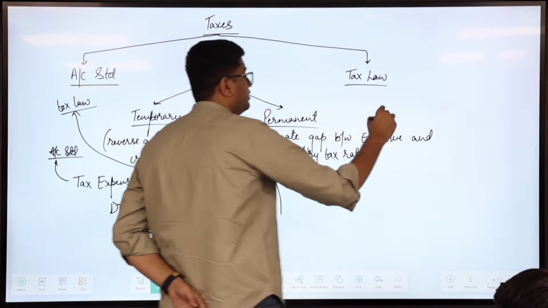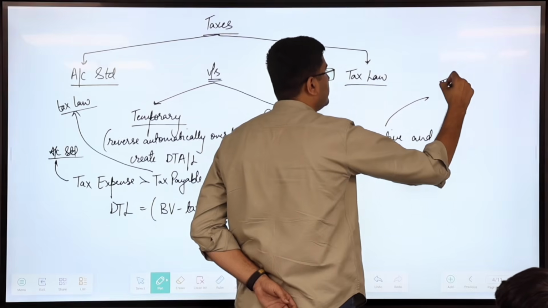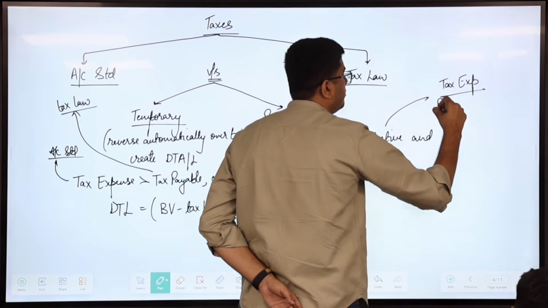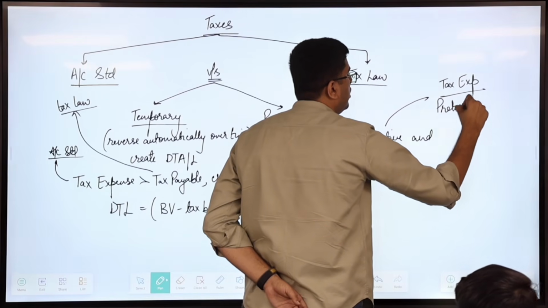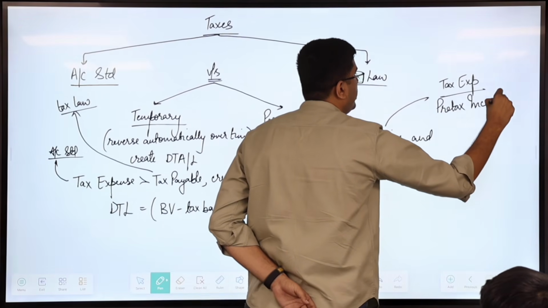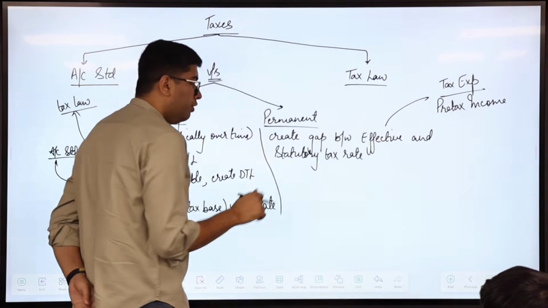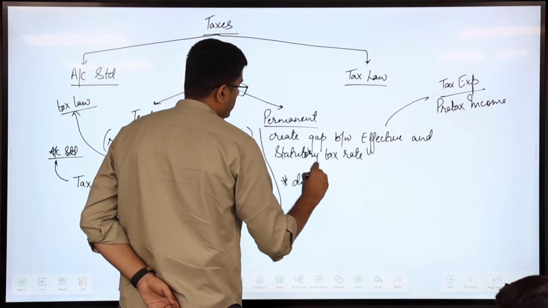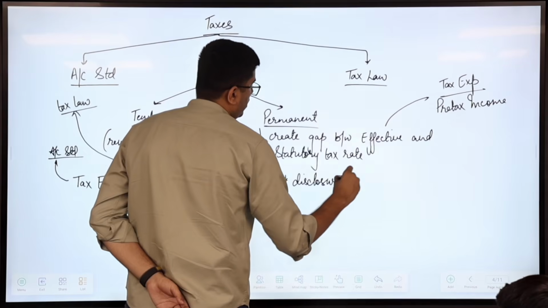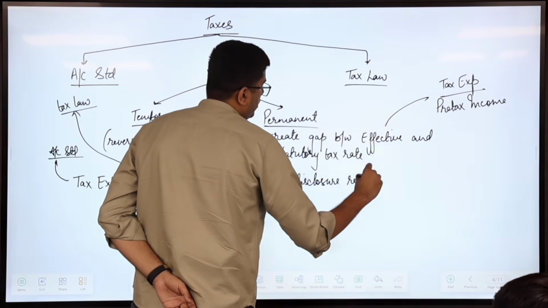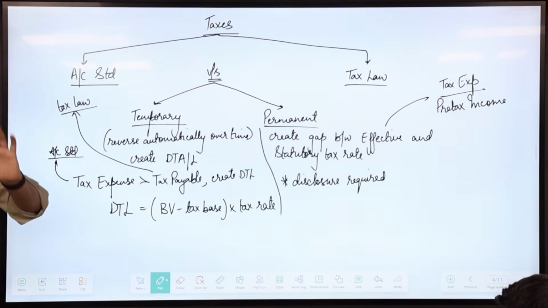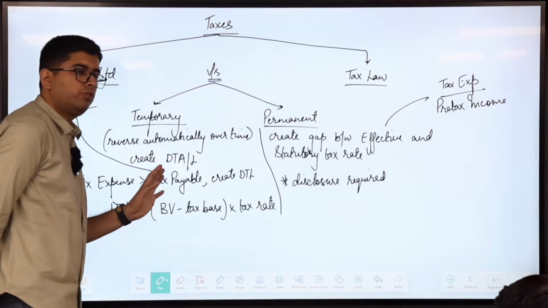Effective tax rate is calculated as tax expense upon pre-tax income. So both the values are from accounting standards itself. For this, disclosure is required. So here you don't need to make any changes in the financial statements. You simply give a disclosure in the notes to accounts.